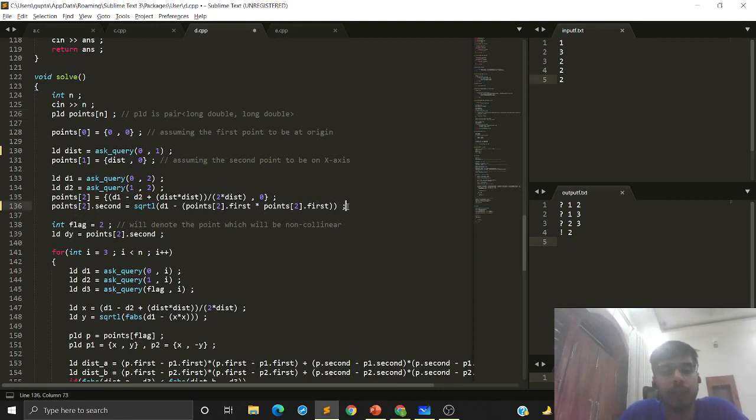Secondly, whenever you are using the square root function, you should avoid using the normal sqrt function. Instead, you should use sqrtl. Why? Because it is able to handle large numbers with much better precision, and it is able to give us a better precision answer.